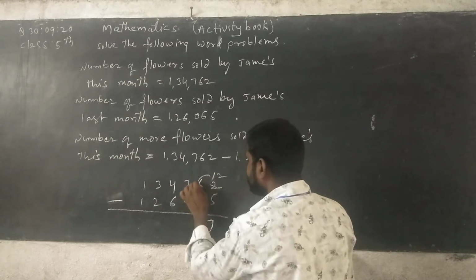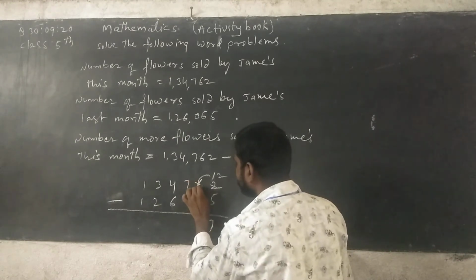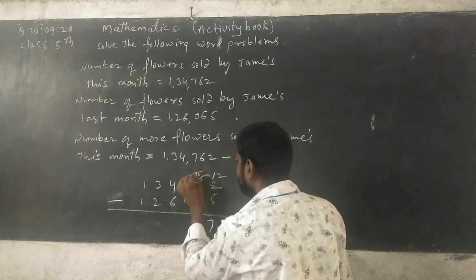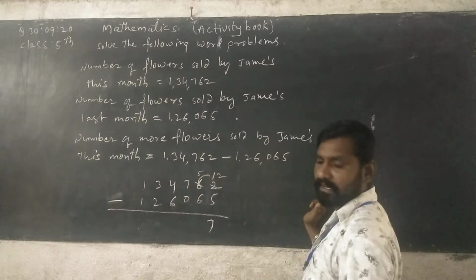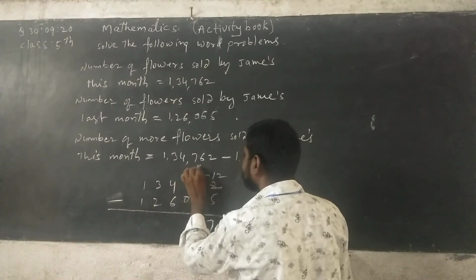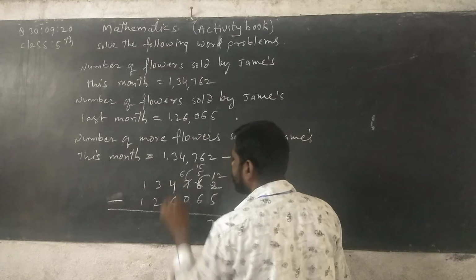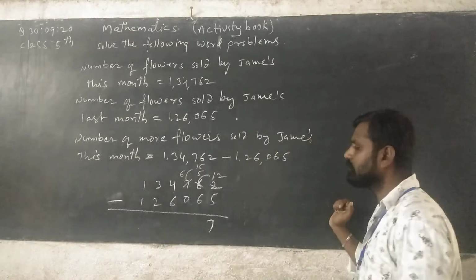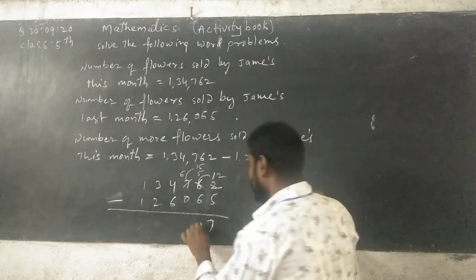Next, 6 gives a borrow, no? So it becomes 5. 5 minus 6 possible? Not possible. Again take borrowing from 5. So here 15. It becomes 4. 15 minus 6, 9.